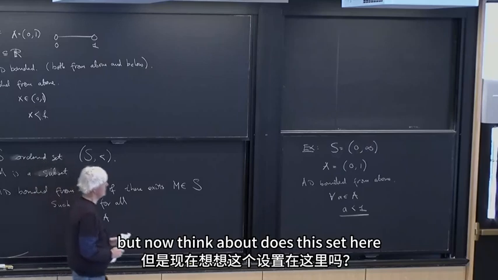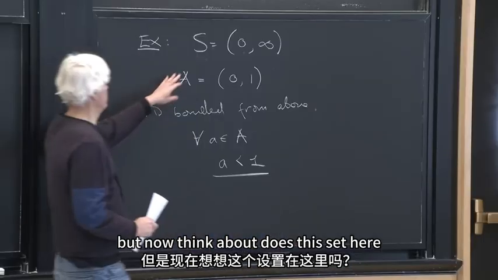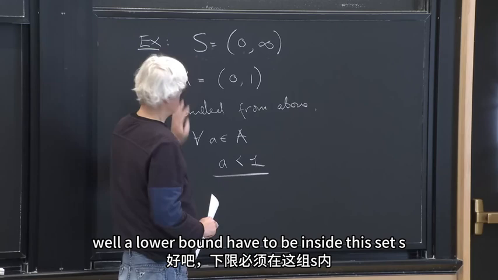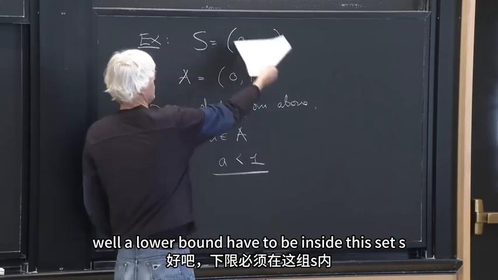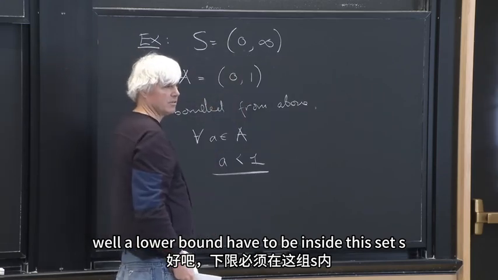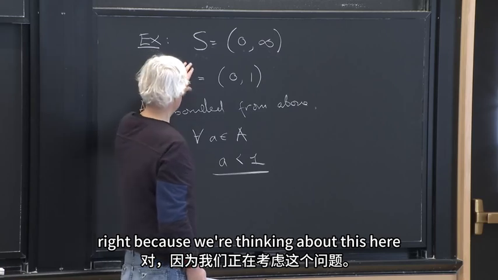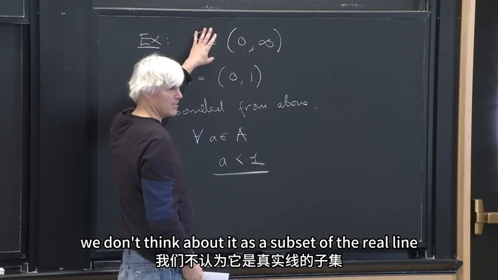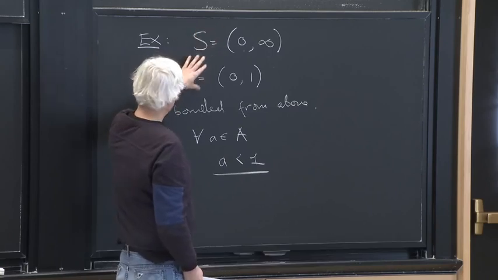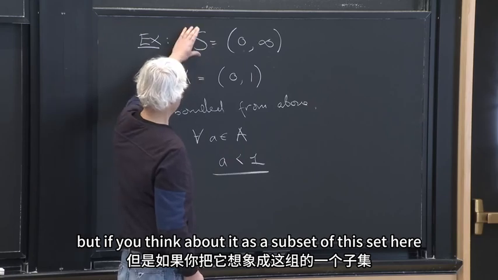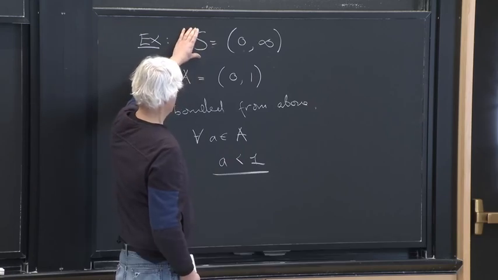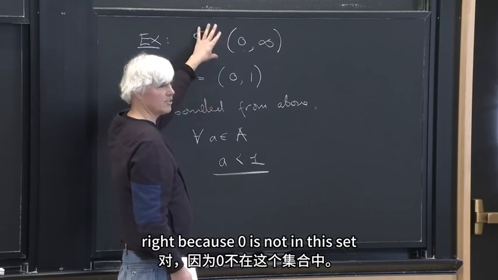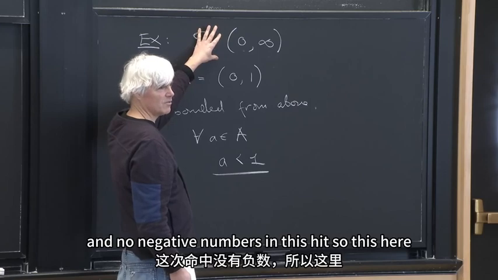But now think about, does this set have a lower bound? Well, a lower bound has to be inside this set S, because we're thinking about A as a subset of this ordered set. We don't think about it as a subset of the real line. But if you think about it as a subset of this set, then there is no lower bound, because 0 is not in this set, and no negative numbers are in this set.